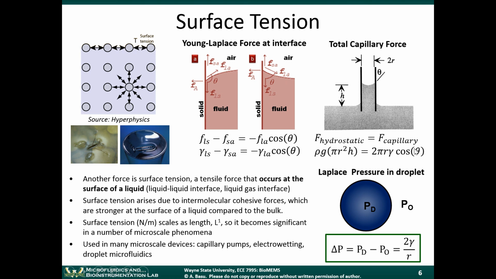The capillary force is given by this equation here, 2 pi r times the surface tension times the cosine of theta. That's the contact angle here. The surface tension is the surface tension of the liquid-air interface, so that would be sigma LA.